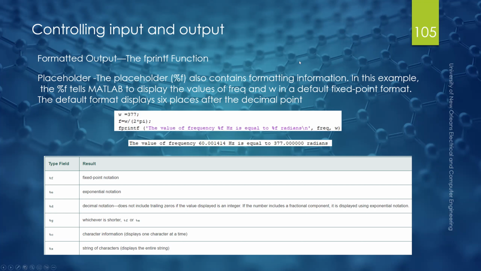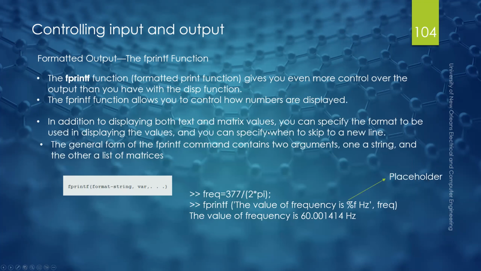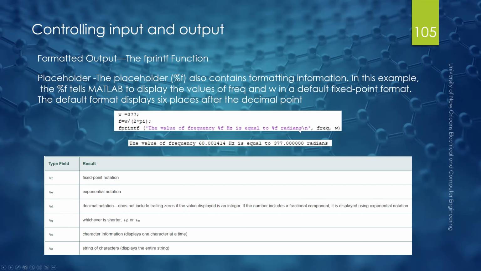And this, of course, is a modified version of the previous example, right? Where we have included another variable, W. And also notice that I've included the \n here, which is another useful way of formatting the output. And we're going to look into this a little bit more in the next slide.